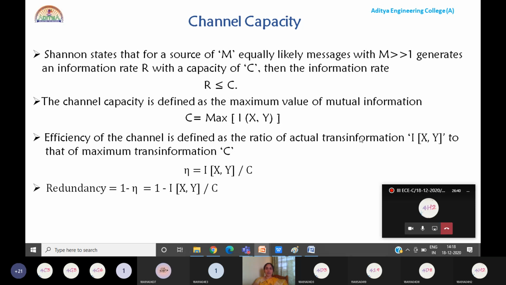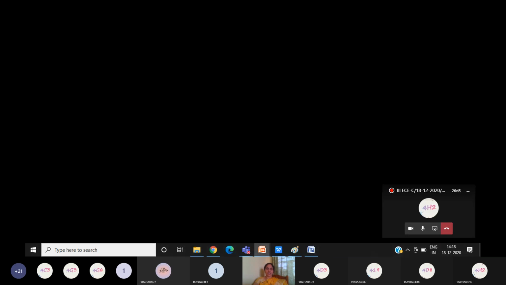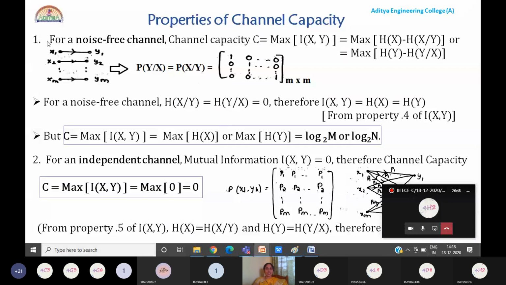Let us calculate the channel capacity for various discrete channels first, and then we can move to the Gaussian channel, that is the analog channel. So the definition is the maximum of I of xy, and it is always greater than or equal to the information rate. You should write those two statements and the corresponding expressions.